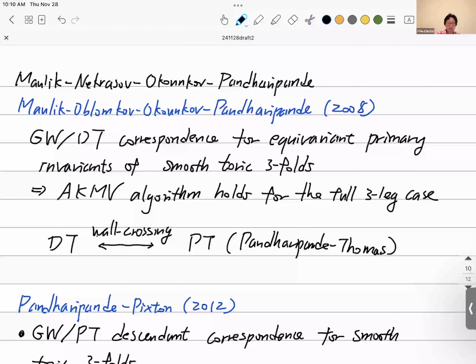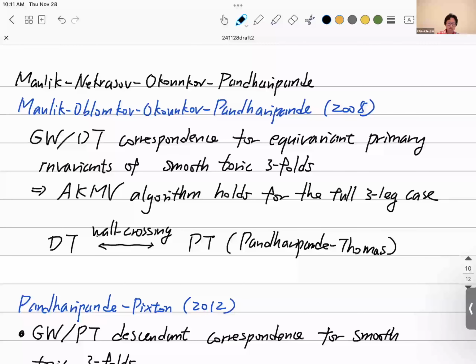And now, the last thing we talked about before the break is that Maulik, Oblomkov, Okounkov, and Pandharipande in 2008 proved the Gromov-Witten/Donaldson-Thomas correspondence in the equivariant setting for primary invariants for any smooth toric threefolds, not necessarily Calabi-Yau, since we cannot define the so-called Calabi-Yau torus.